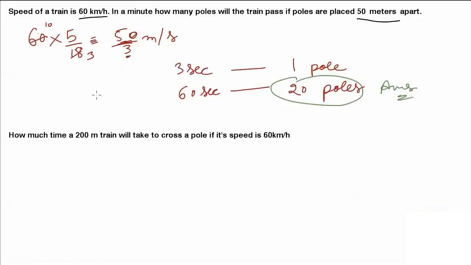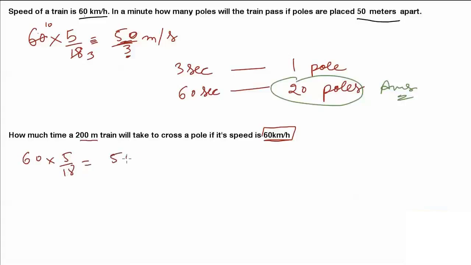So let's do another question. How much time will a 200-meter train take to cross a pole if its speed is 60 km per hour? Again, we have to convert the speed of the train from kilometer per hour to meter per second. So that's again 60 multiplied by 5 over 18.